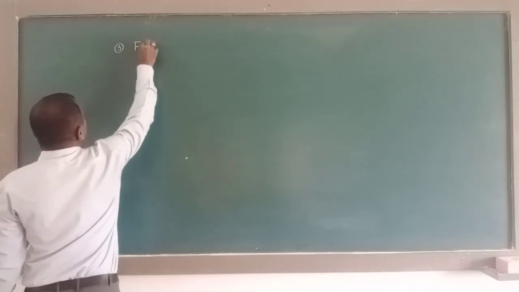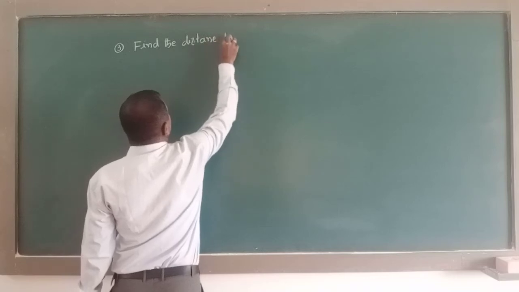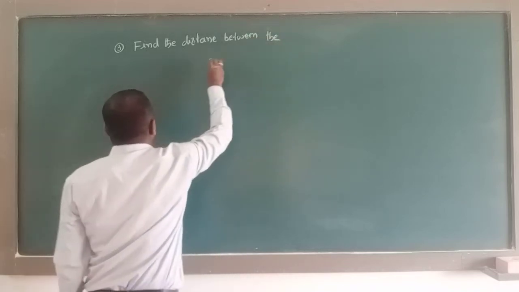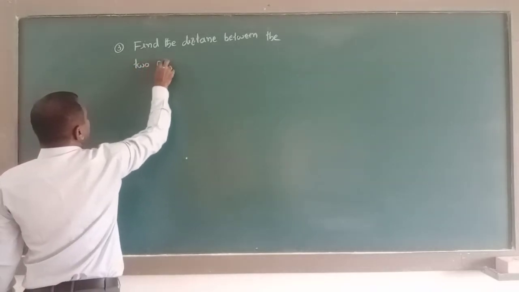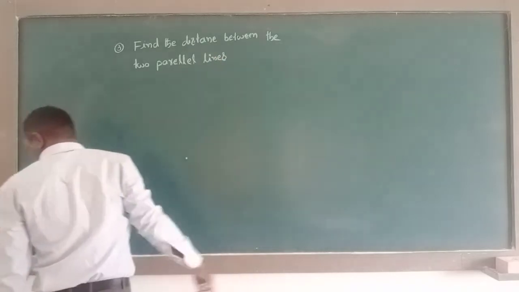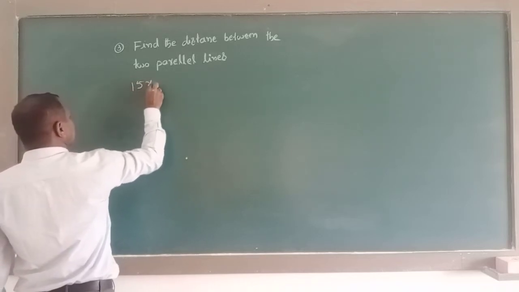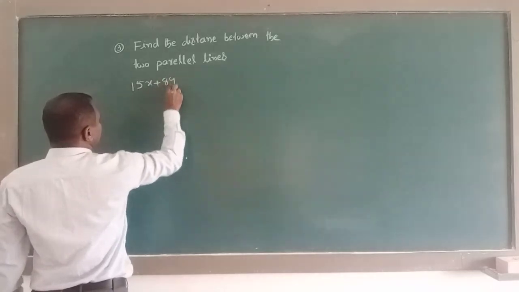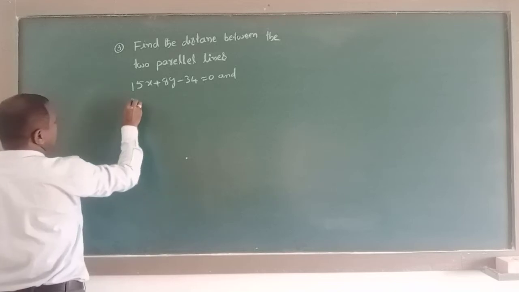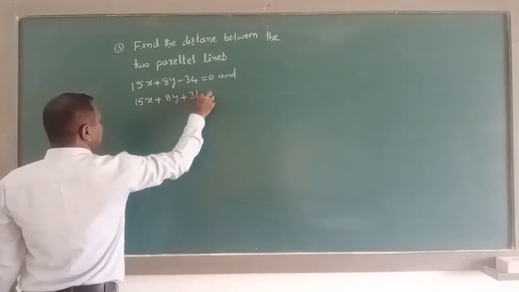The parallel lines are 15x plus 8y minus 34 is equal to 0, and 15x plus 8y plus 31 is equal to 0 here.